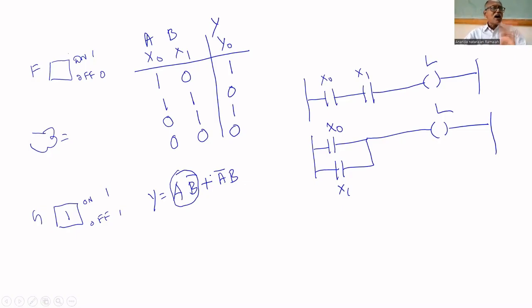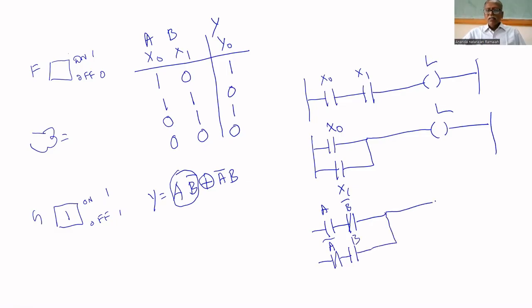A and B bar are in series. Plus means parallel. Again, A bar and B are in series, and the two branches are in parallel. That's all. This is the ladder logic program for the staircase. Now let us check.